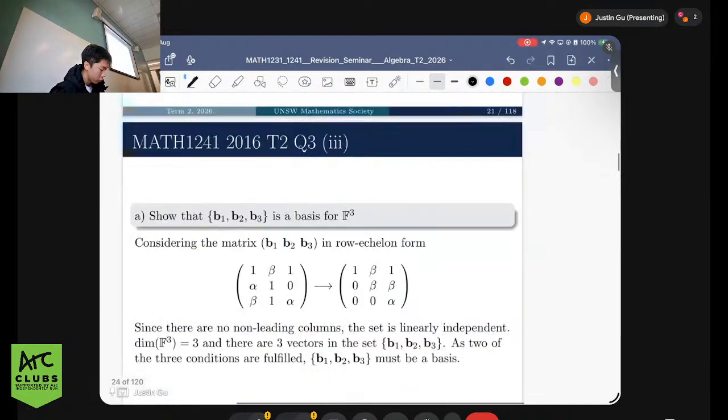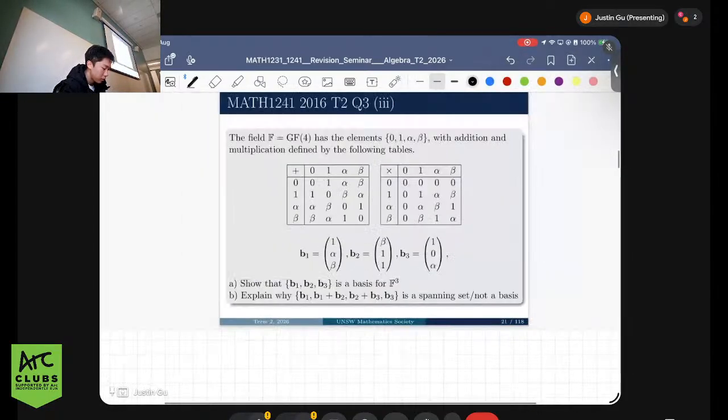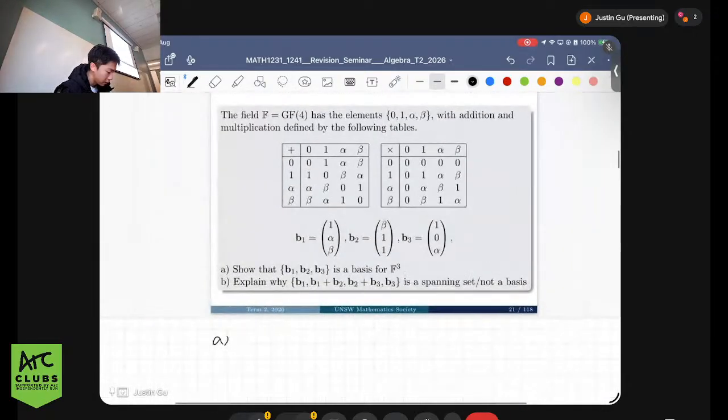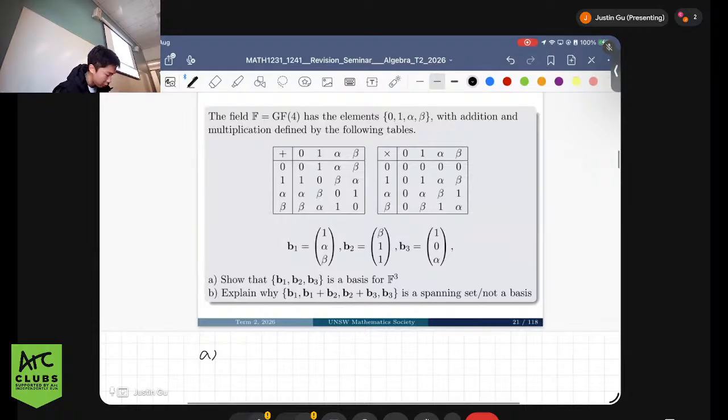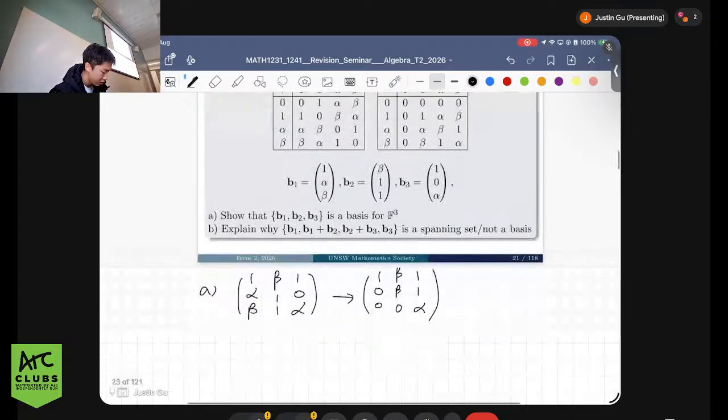Okay, I'm going to go through this question. First of all, if we want to show that B1, B2, B3 is a basis for this field, then we can consider the matrix, just putting the three vectors together. If we row reduce this, we should get the second matrix there.